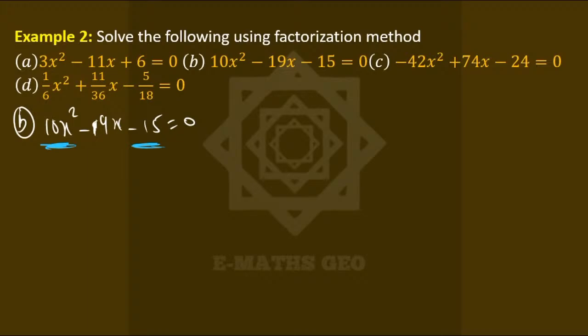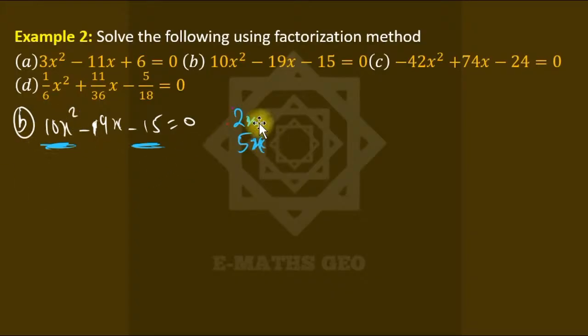So the first one: the two factors that can multiply to give me 10x squared are 2x and 5x. Yes, the product will give us 10x squared.